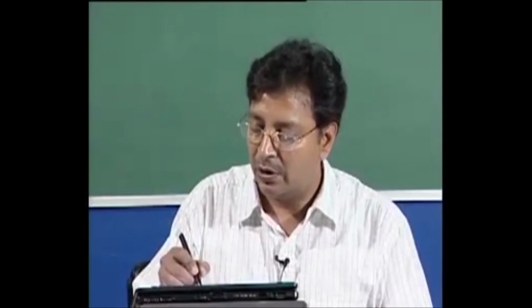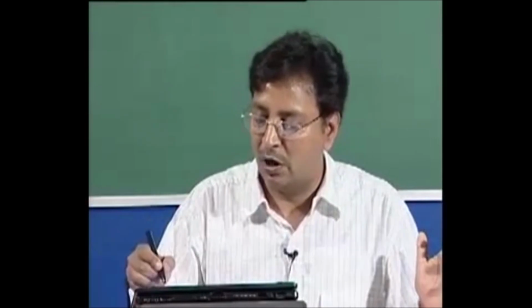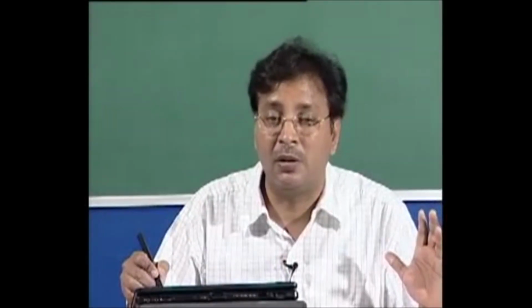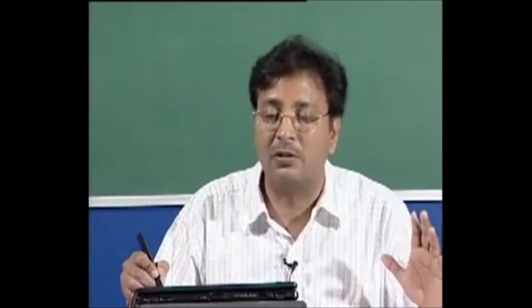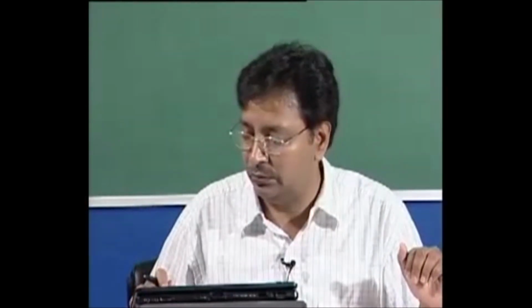Depending on the number of hours of operation, as the train is coming and the wagons are being unloaded, suppose the whole operation went on for, let's say, 8 hours, then you can find out the total emission occurring from the unloading operation. Let's also remember that this not only causes air pollution, but is sheer wastage of the raw material, because coal is a raw material in the process.